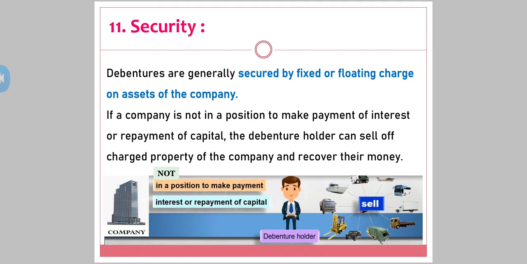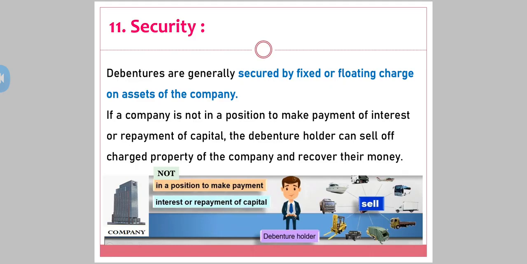Now, charged property means that one particular asset. Let's say the company has mentioned in the certificate that if the company is not in a position to pay the interest or pay the capital amount, at that time debenture holders can sell the furniture and fixtures of the company and take the money.